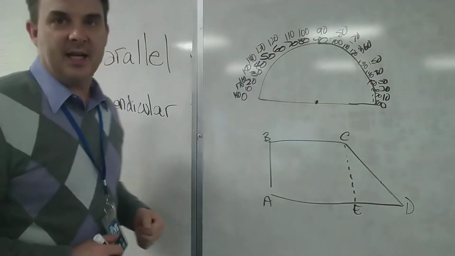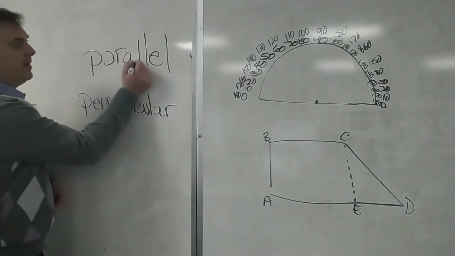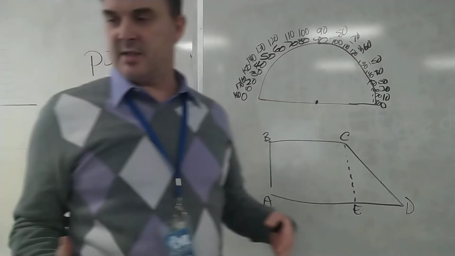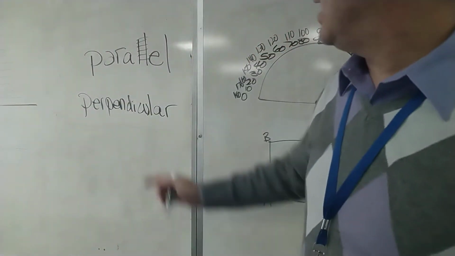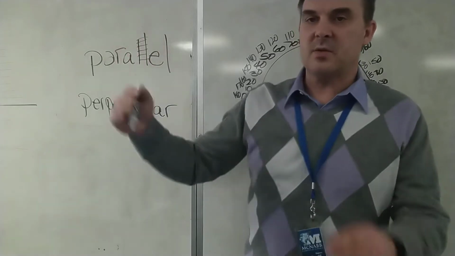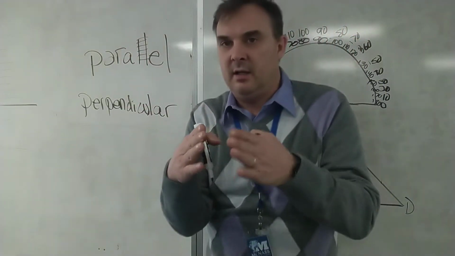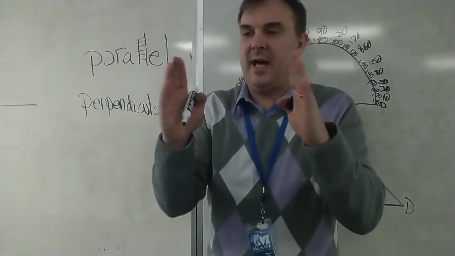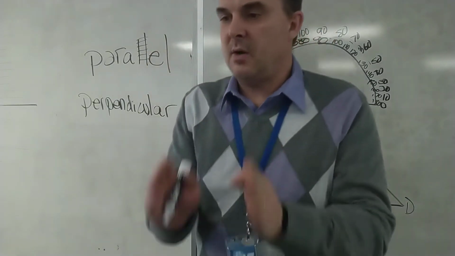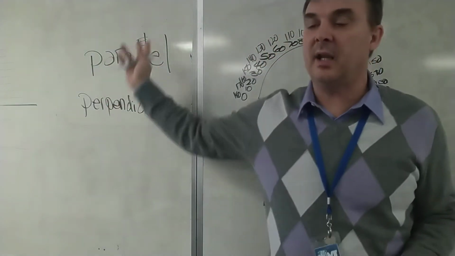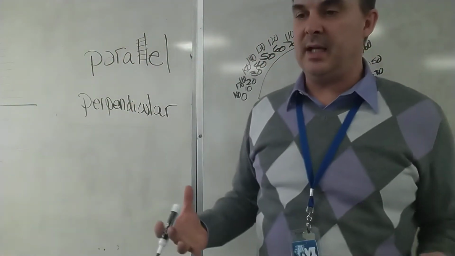If we take the letters of parallel and turn it into a ladder or a railroad track, that lets us know it is parallel, because we'll never have a train track meet, and we'll never have the rungs of a ladder meet. Those L's in parallel are parallel, they will never meet.